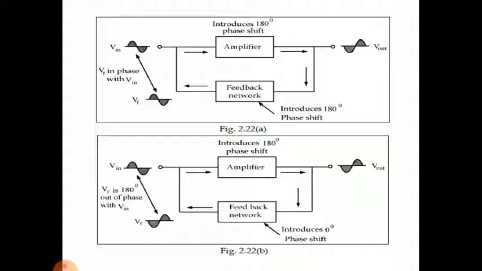If the feedback network introduces 180 degrees phase shift, 180 plus 180 is 360, that is in phase, and that is called positive feedback. Next, if the feedback introduces 0 degrees phase shift, 180 plus 0 is 180, and it is out of phase with the input, so it is called negative feedback.